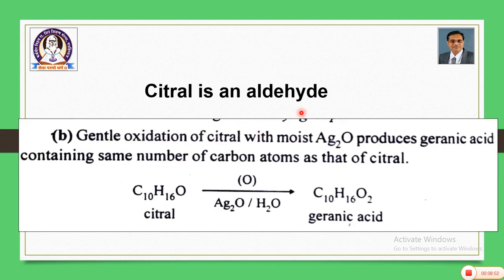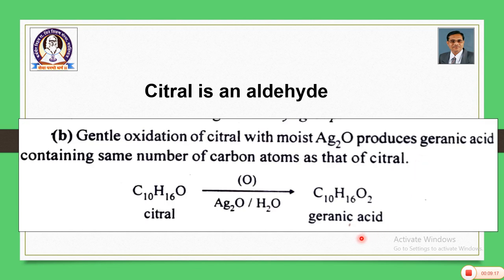Then once you have analyzed that it is having a carbonyl group, whether it is aldehydic or ketonic has to be determined. So, gentle oxidation of citral with moist Ag2O, mild oxidation by using moist Ag2O, produces geranic acid containing the same number of carbon atoms as that of the citral.